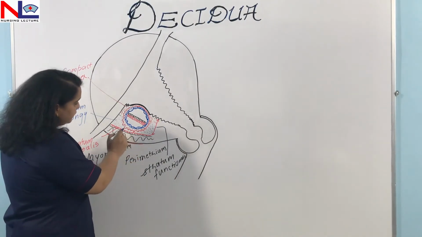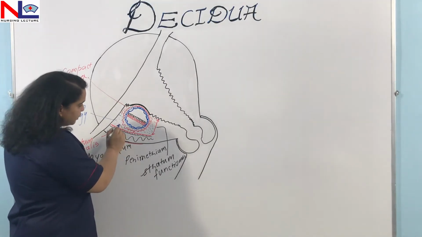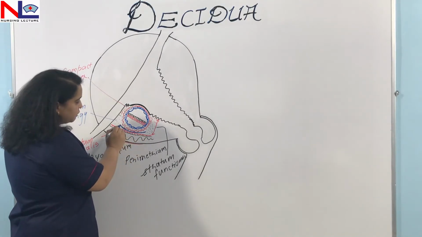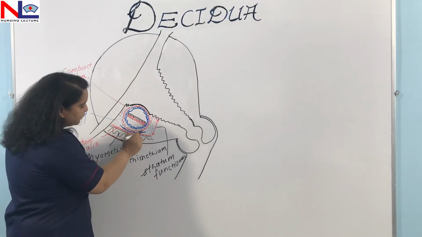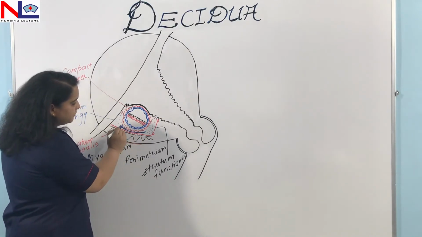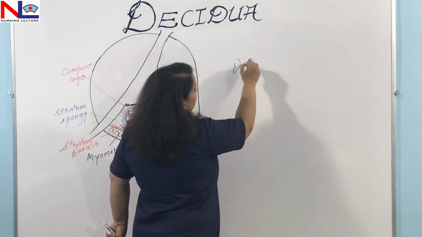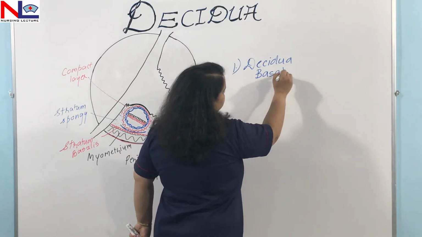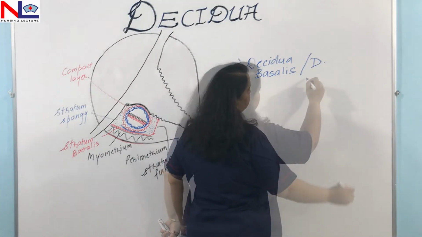You can see here the syncytiotrophoblastic cells, and this part of the decidua, where I am drawing the line, comes in contact with the base of the blastocyst. The part of the decidua which comes in contact with the base of the blastocyst is called decidua basalis, or decidua serotina.